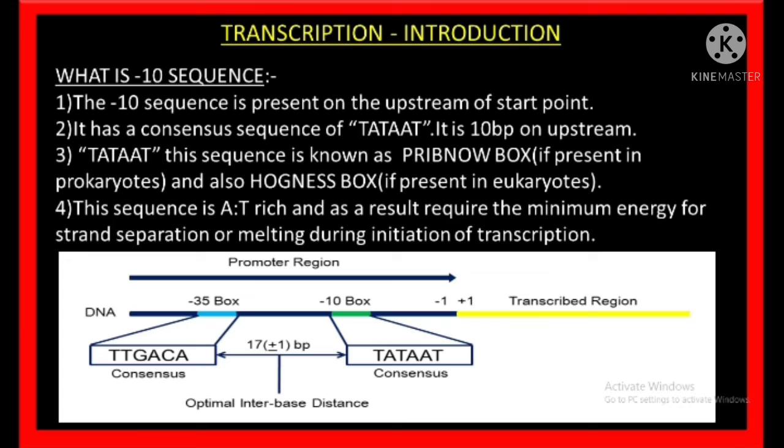If this sequence is present in prokaryotes, then we call it the Pribnow box, and if this sequence is present in eukaryotes, then it is the Hogness box. This sequence is AT rich, and as a result requires the minimum energy for strand separation or melting during initiation of transcription.